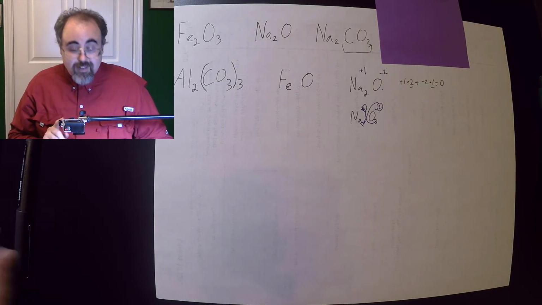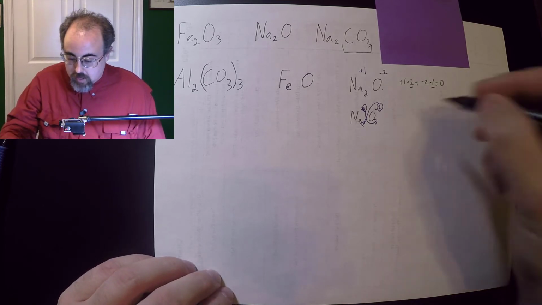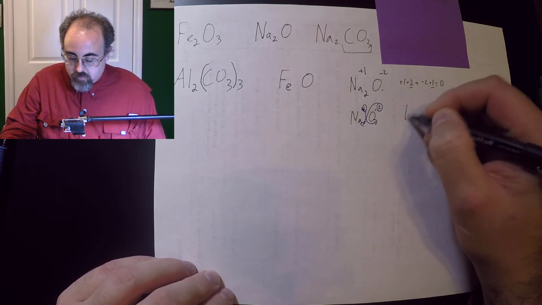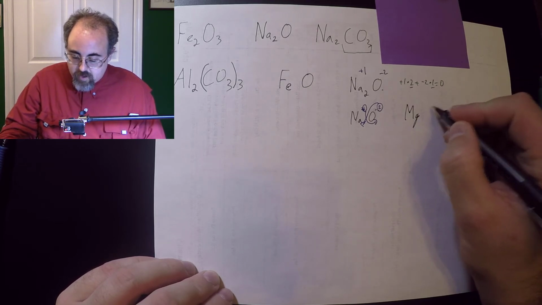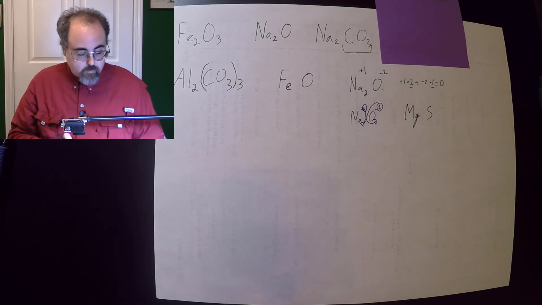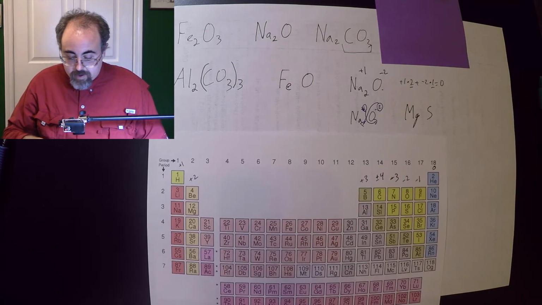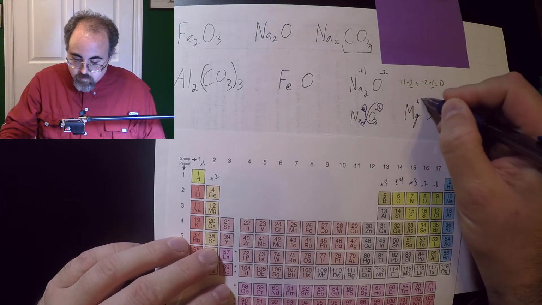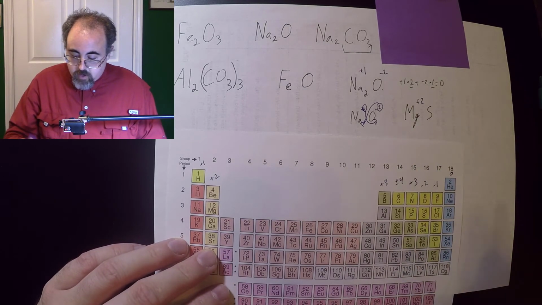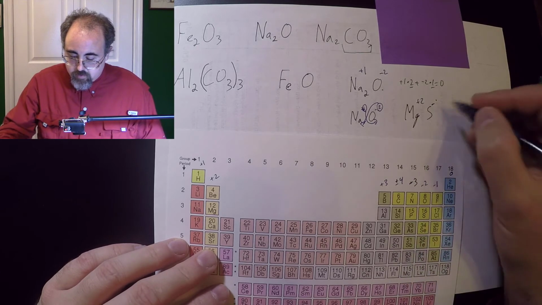Now, I do have to be slightly careful if I do that. So let's say I have something like magnesium sulfide. I'll talk about naming in a separate video. So in this case, magnesium is over here. This is a +2. Sulfur is over here. This is a -2.